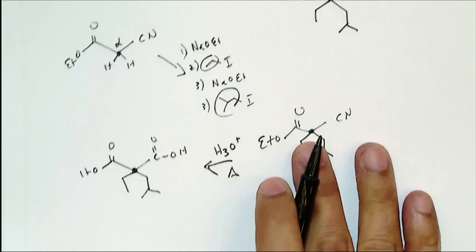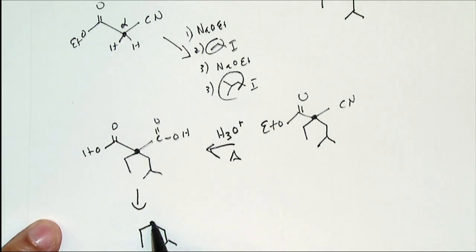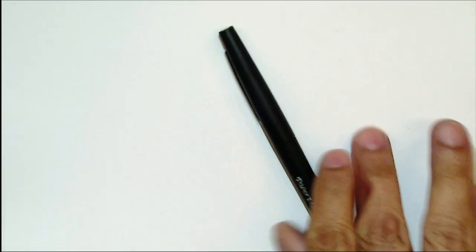And of course, the high temperatures will end up doing the decarboxylation. So what you will end up getting in this particular case is that, right? So that's just to show you the reaction is versatile and can be applied to a variety of functional groups. And that is the end of this particular lecture video.